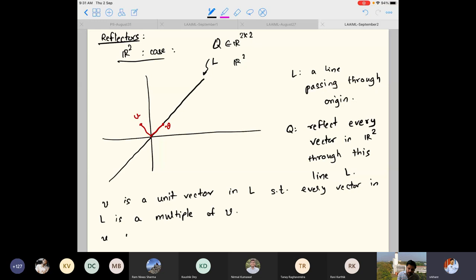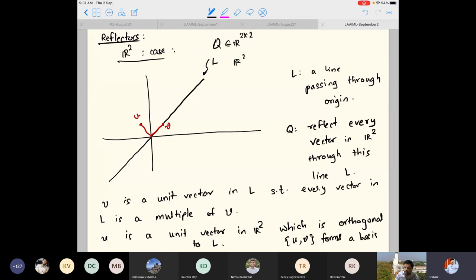So U is a unit vector in R2 which is orthogonal to L, or orthogonal to V. So clearly, in this particular case, do you all agree that U and V form a basis of R2?